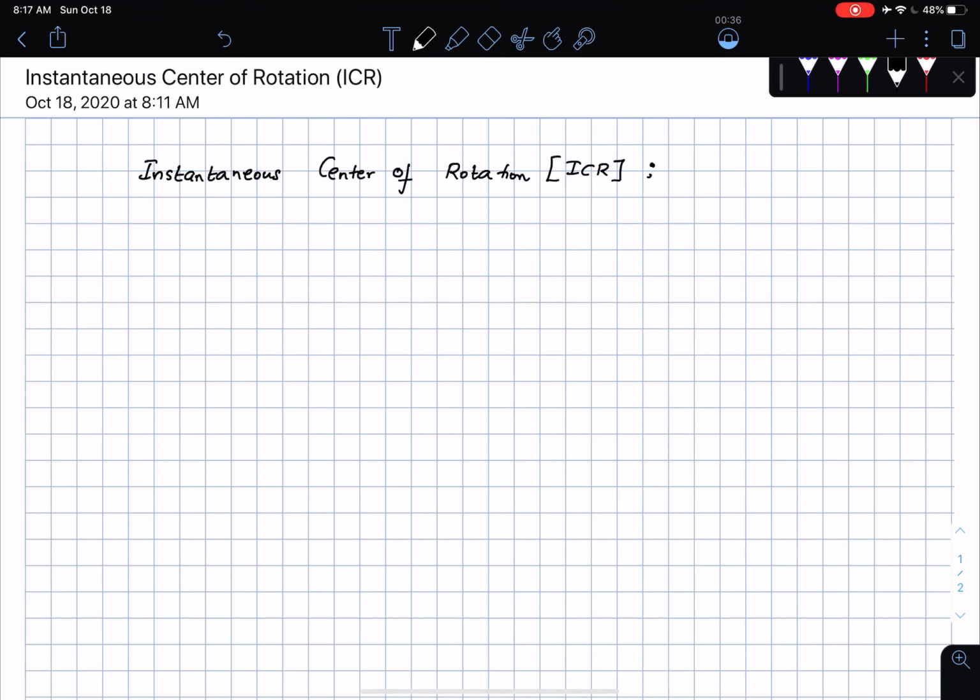This is used for velocity analysis of rigid bodies.